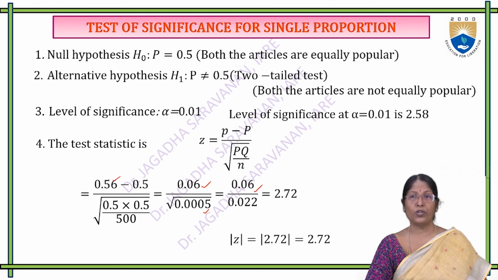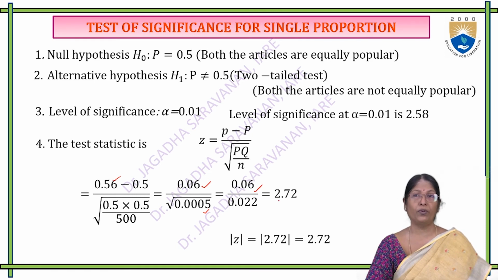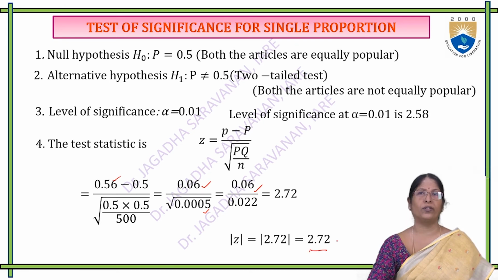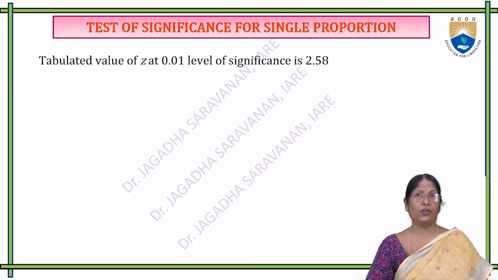So mod z equal to 2.72. It is not affecting already; we got the positive only. If it is negative, we have to be very careful. Whatever the tabulated value and calculated value, we are taking the modulus of. So here the calculated value is 2.72. The tabulated value of z at 0.01 level of significance is 2.58.